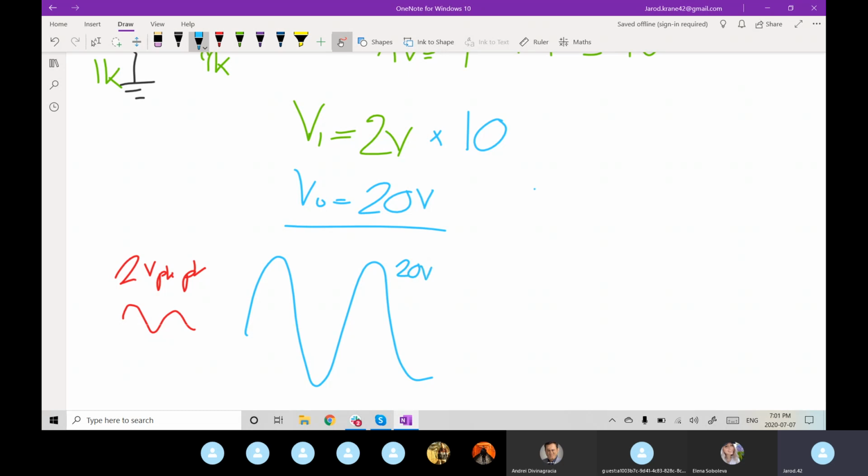Another 20 volts peak to peak. And if we were to throw this on, it would be perfectly overlaid, no phase shift between our inputs and outputs.